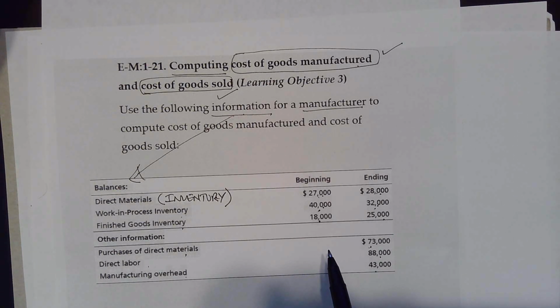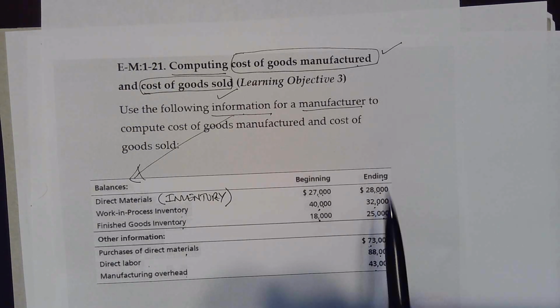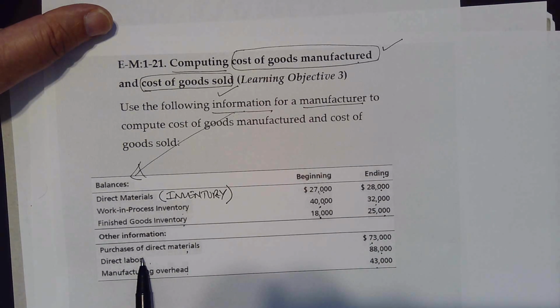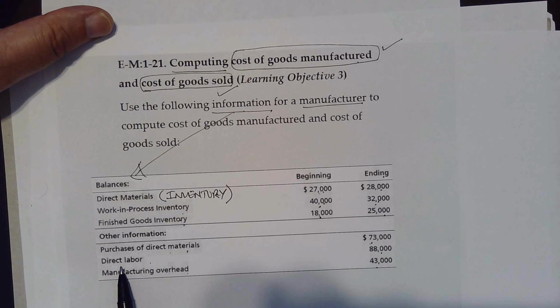An asset is a permanent account which belongs to a balance sheet, and it has a beginning balance and always has an ending balance. And other information that we have: how much purchase of direct materials we have during this period, how much labor we have used, and how much manufacturing overhead we have used.